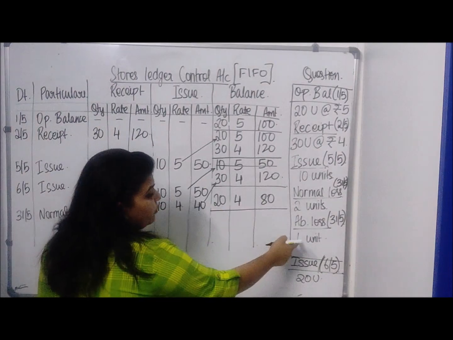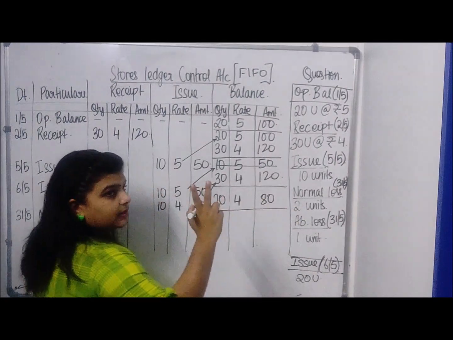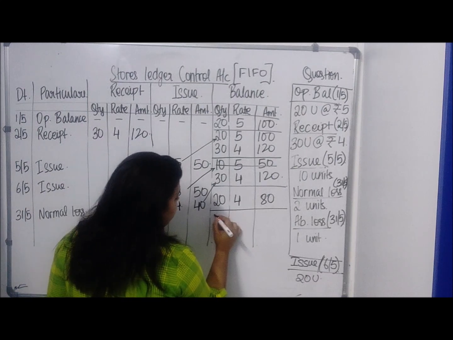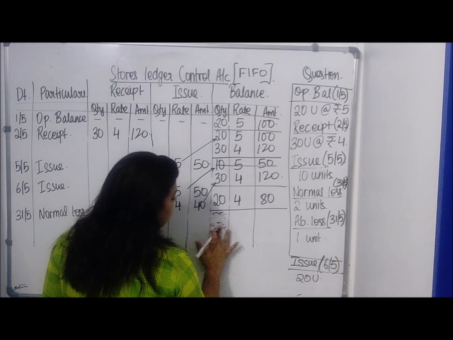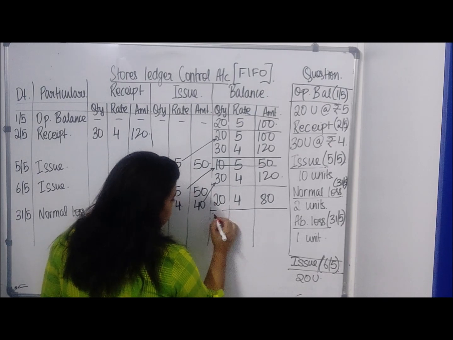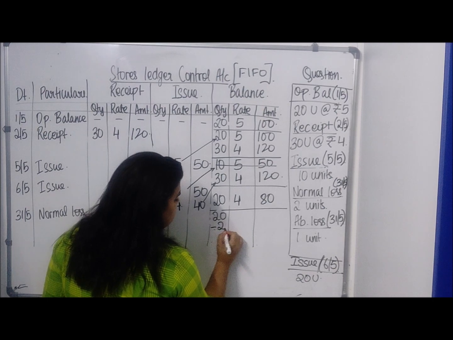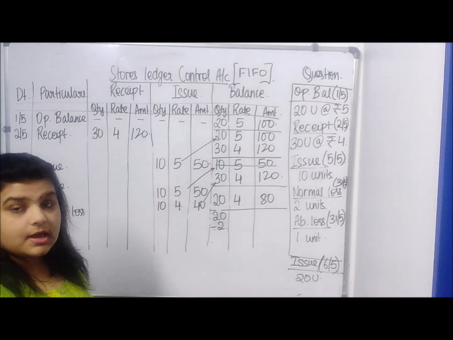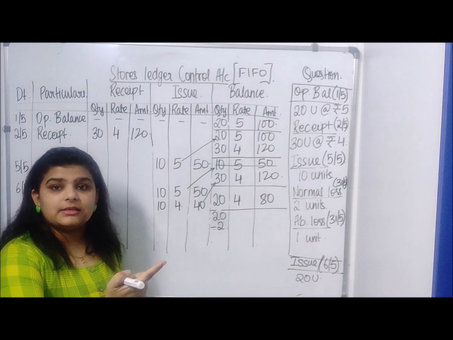So, since 2 units are my normal loss, let me remove 2 units. 20 minus 2, 18 units. Now, inflating the price.